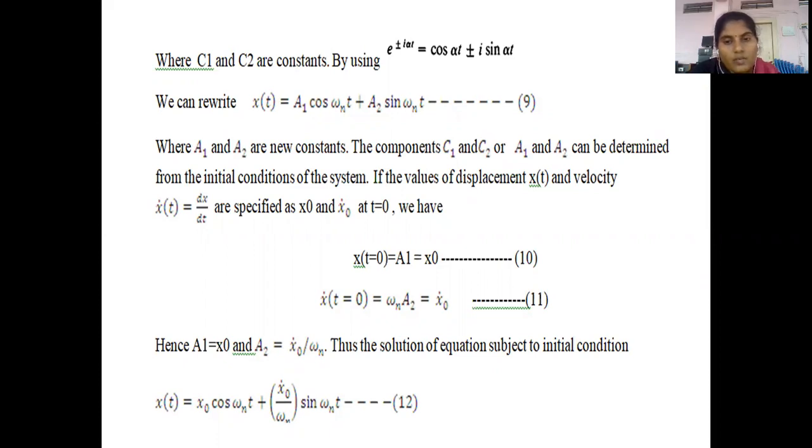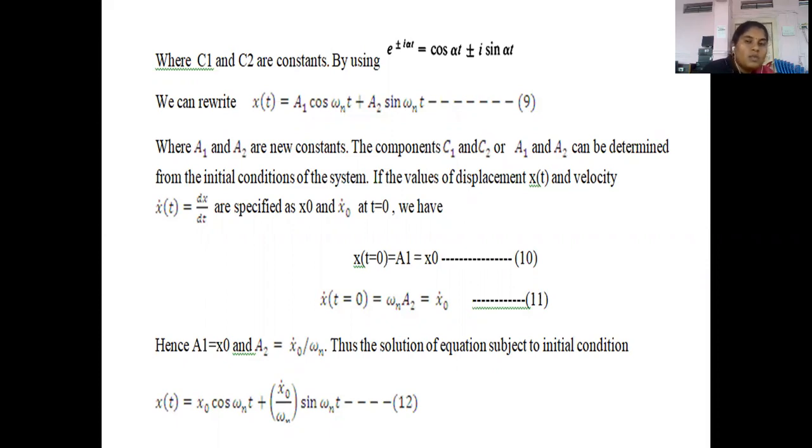The constants C1 and C2, or A1 and A2, can be determined from the initial conditions of the system.